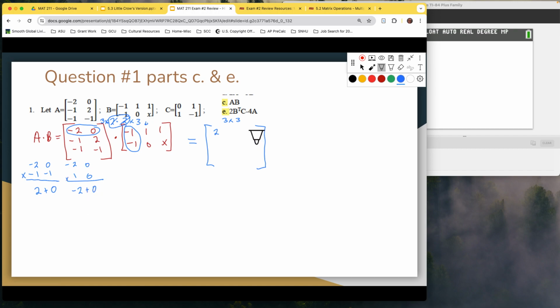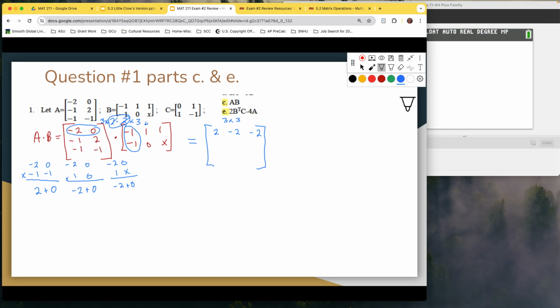Add them together, we get -2 here. Then I take -2, 0, and multiply it by the last column, 1, x. I get -2. I get 0. I add those together, I get -2.